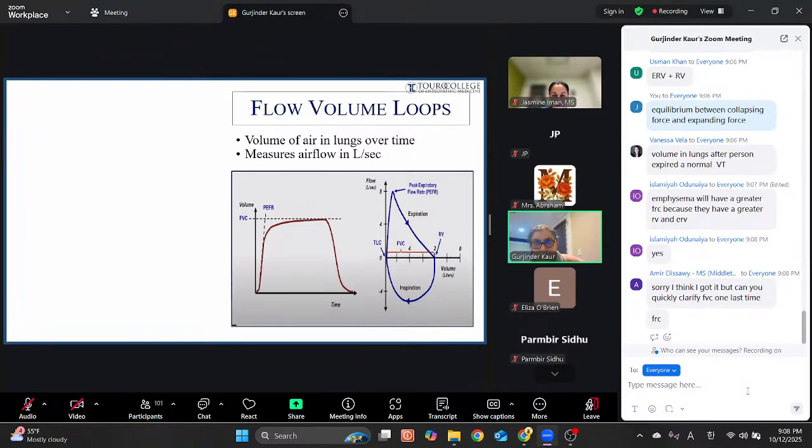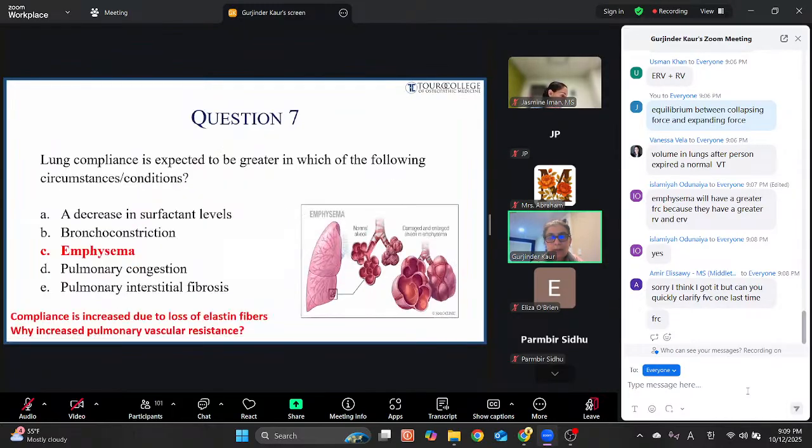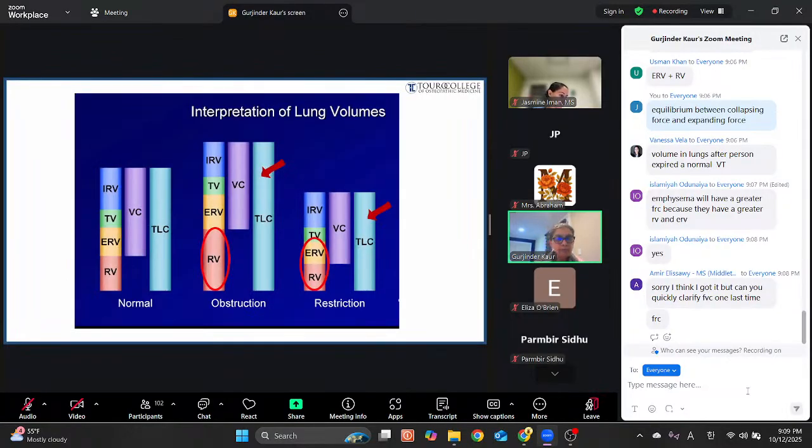Amir is saying something. Amir? FVC or FRC? FRC, okay. So, Amir, FRC is functional residual capacity. So if we go back to this figure again, if you can recall, we talked about it.